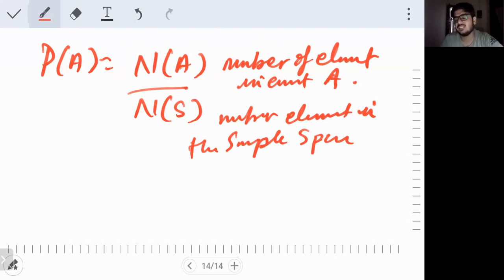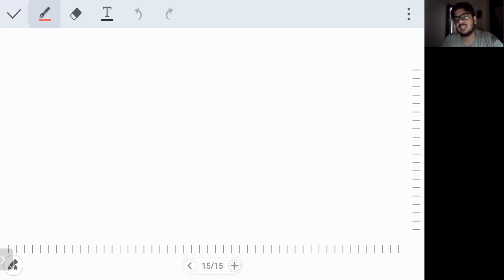Let's do a question first, then we will define what probability actually is. Suppose we take a standard deck of 52 cards, and we recall that there are 13 faces.